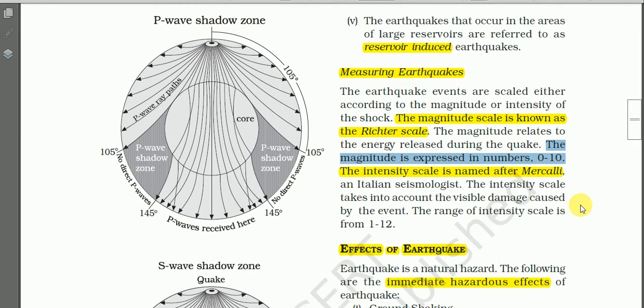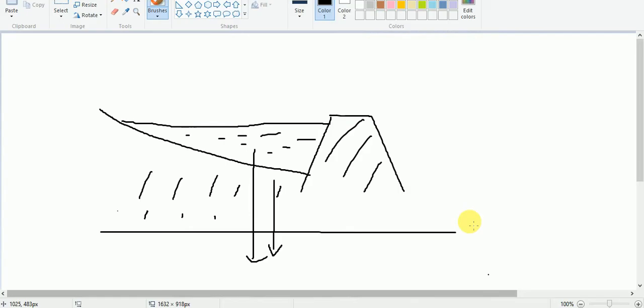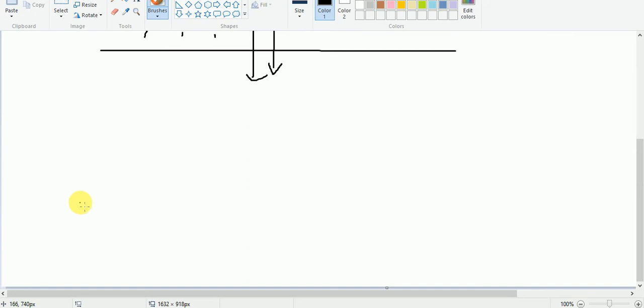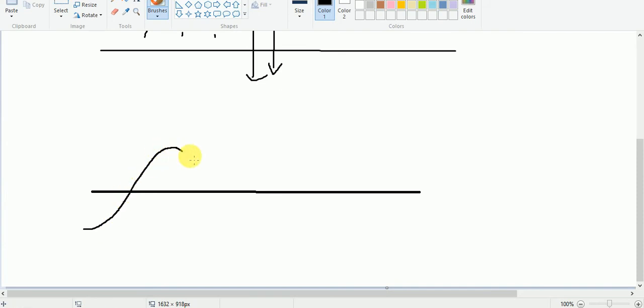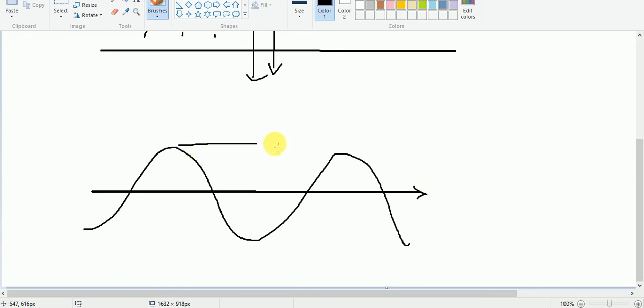What do you mean by this amplitude? Let me tell you. See here, let us say this is the direction of propagation, and let us suppose this is the wave, and this is known as wavelength.